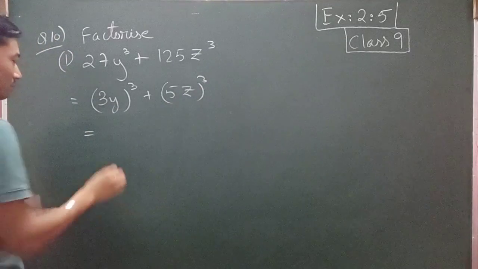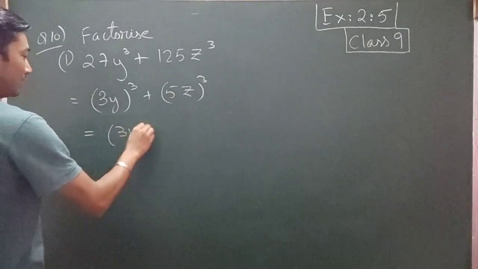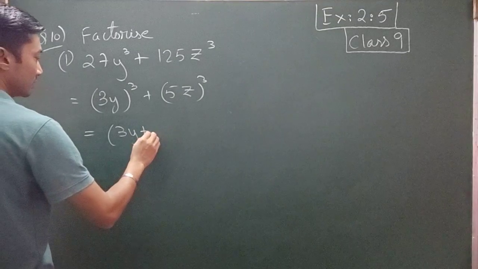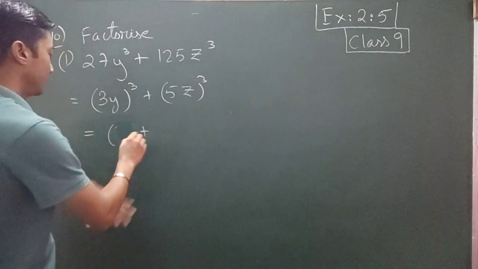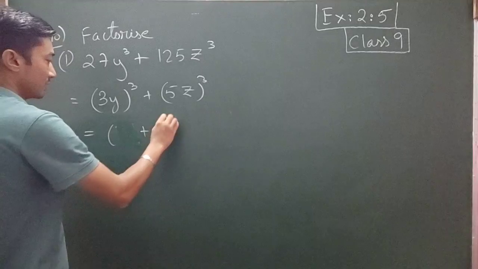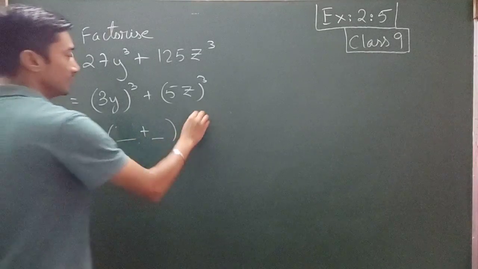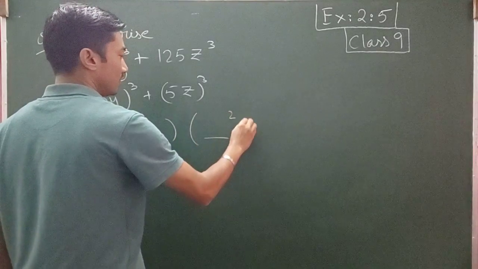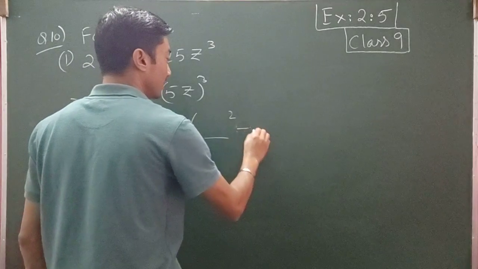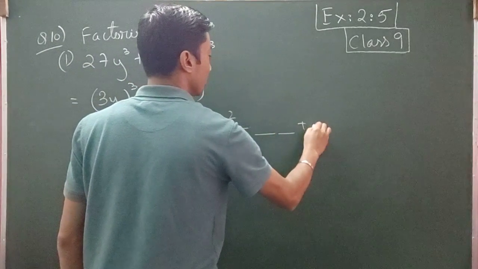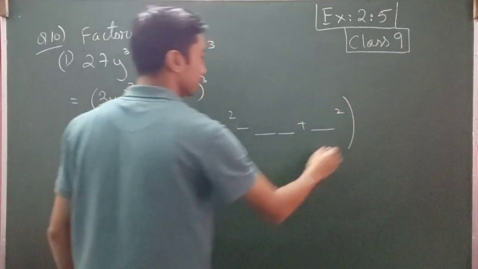So what was the formula? x plus y, x square minus x into y plus y square.